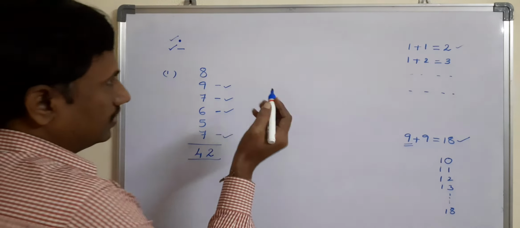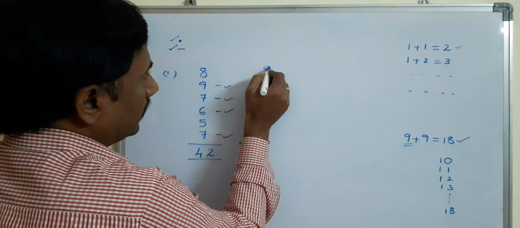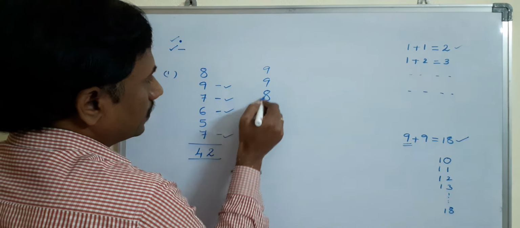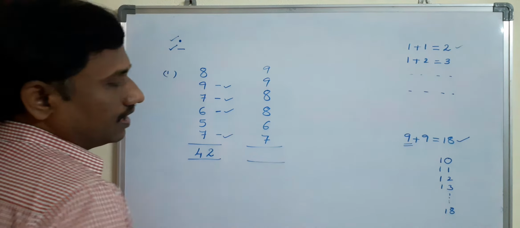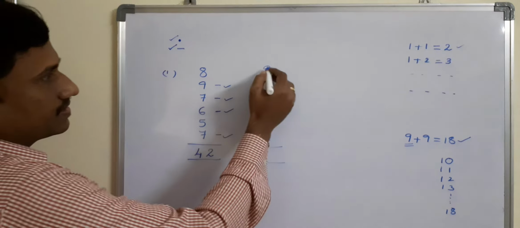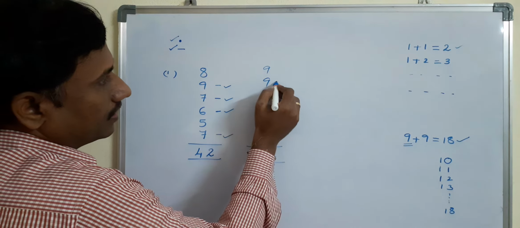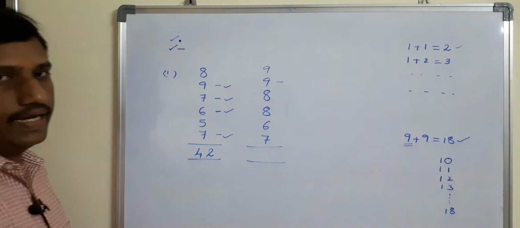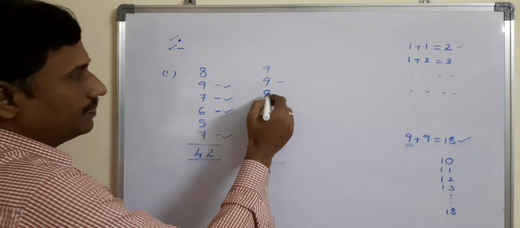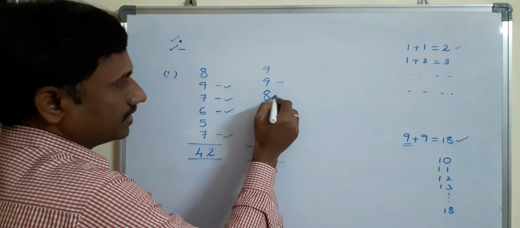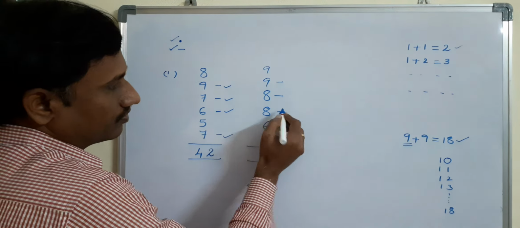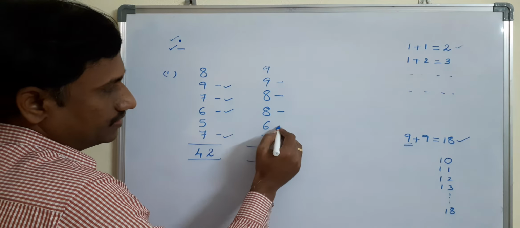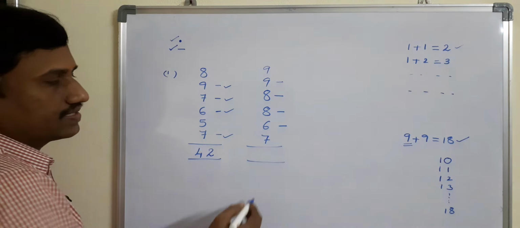Okay. See another example. 9 plus 9 plus 8 plus 8 plus 6 plus 7, for example. How to do it? 9 plus 9, 18. 18 means just put a bar and 8 in the mind. 8 plus 8, 16. 16 means only consider 6, put a bar. 6 plus 8, 14, 4. 4 plus 6, 10, 0. 0 plus 7, 7.